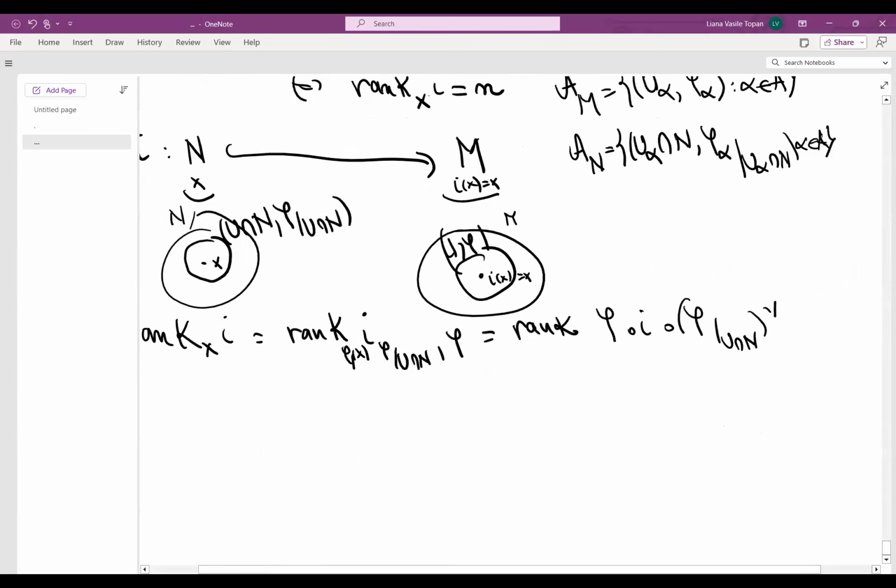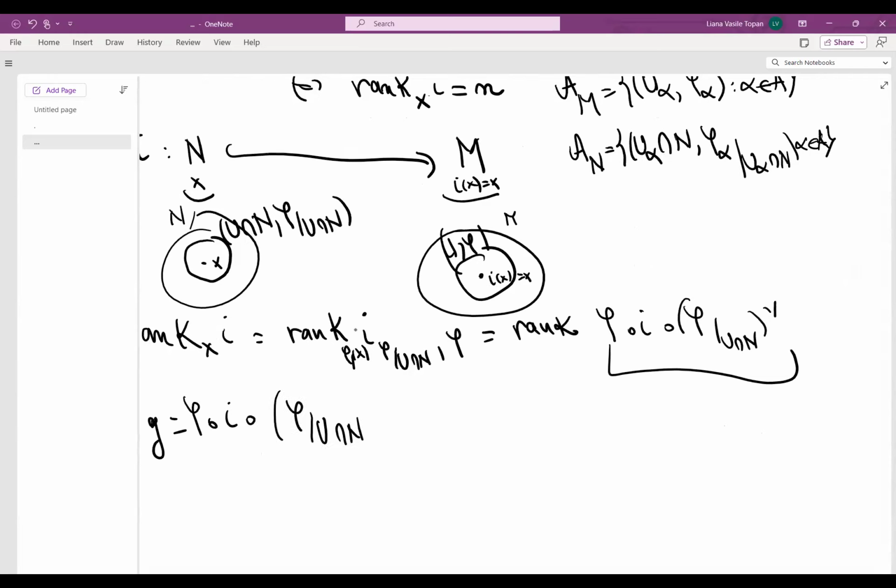And this will be defined, so this function is defined from, so I'm going to write it again. Let me call it G, so I can write it a little bit more shortly.